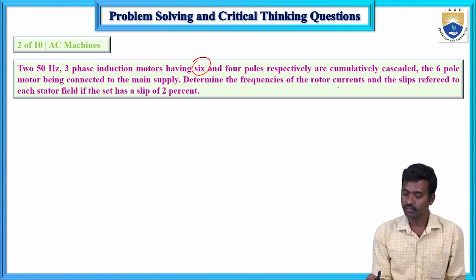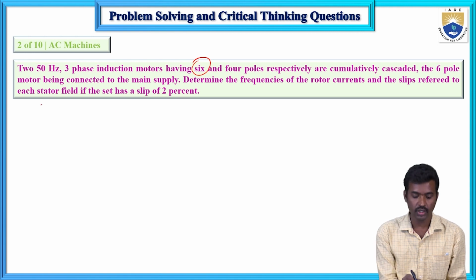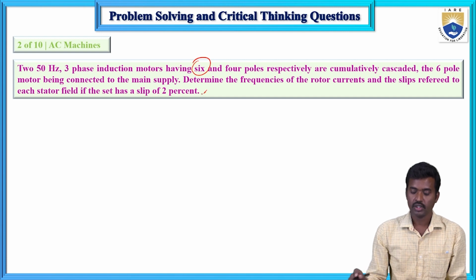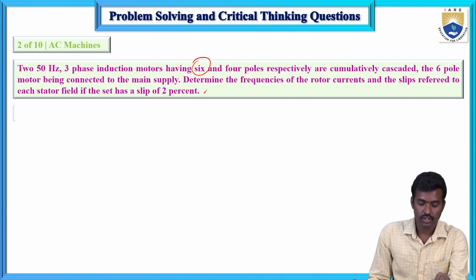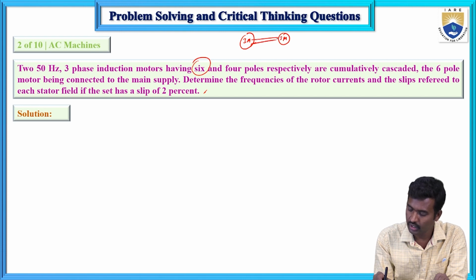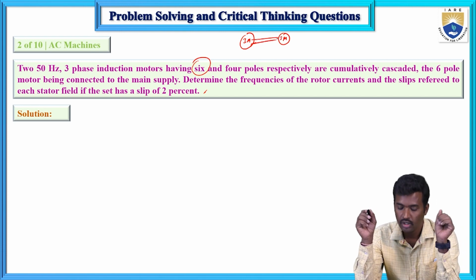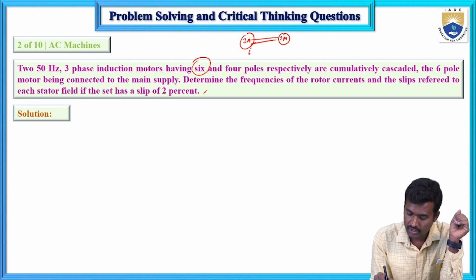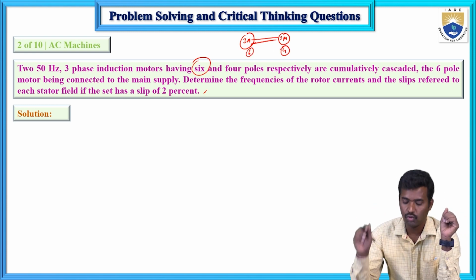Determine the frequencies of rotor currents and slip referred to each stator field if the set has a slip of 2%. Now first the given data. Here two induction motors, induction motor 1 and induction motor 2, are connected in cascade connection. This one is for 6 poles and this one is for 4 poles.